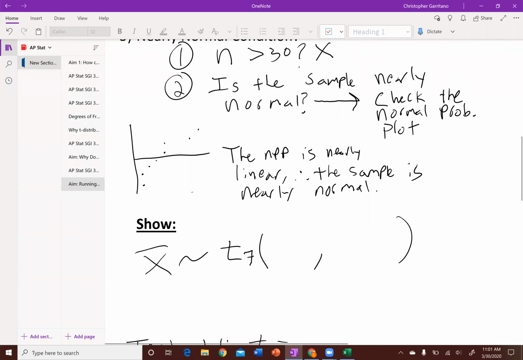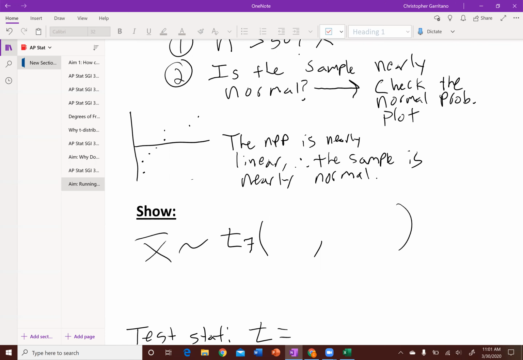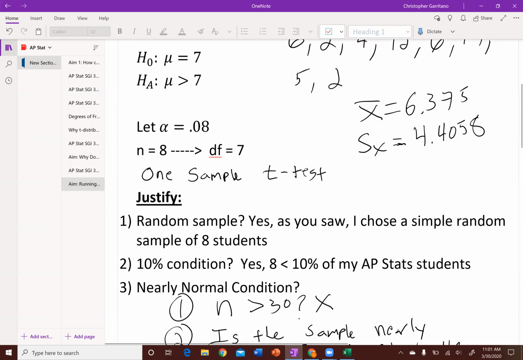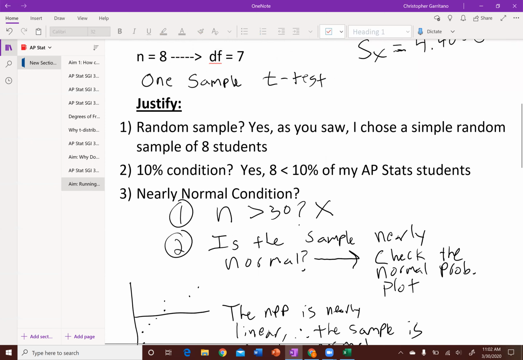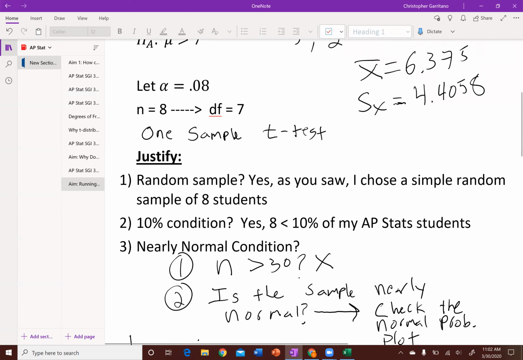Since all the conditions are met, we now have an idea of what our sampling distribution will look like. It'll be distributed using the t-distribution, centered at my assumption, which is that mu is equal to 7. And it will have a standard error of sigma x over radical n. I don't know sigma x, that's the population standard deviation, but what I do have is the sample standard deviation, and that'll be a stand-in.